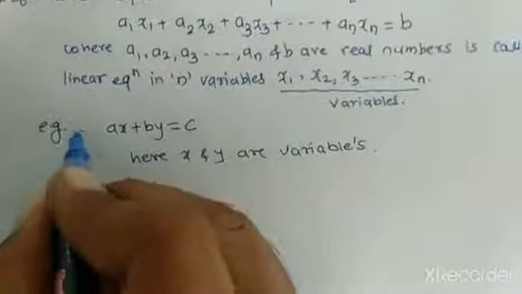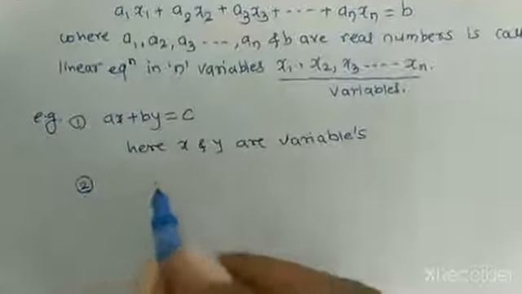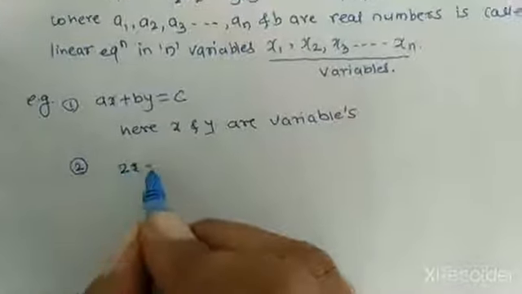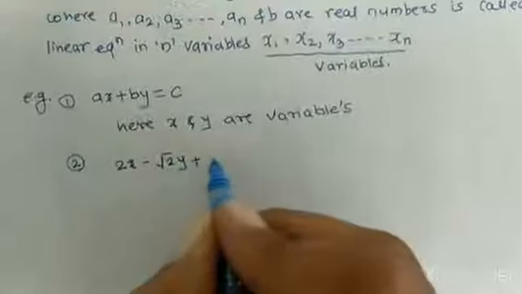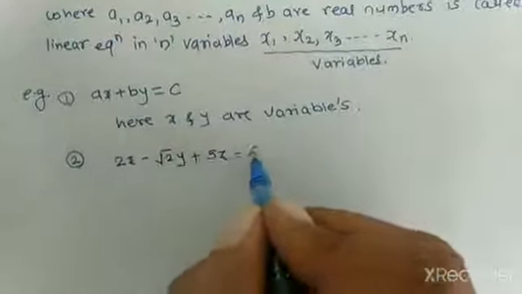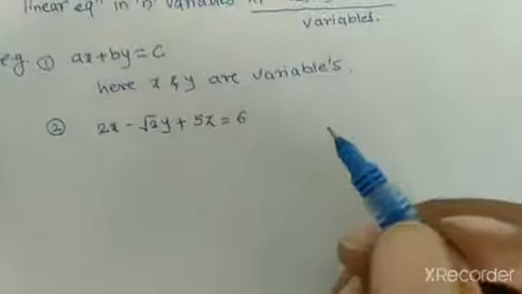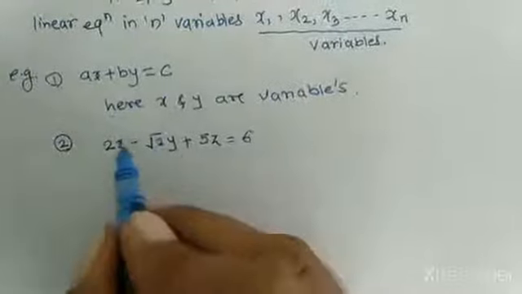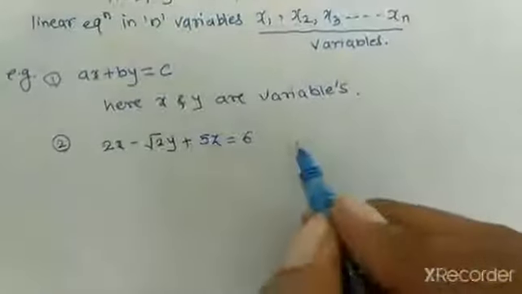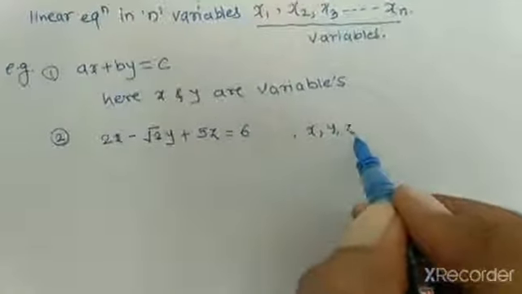Again, consider next example, twice x minus root 2y plus 5z is equal to 6. It is also linear equation. See the power of x, y and z. Here x, y, z are variables.